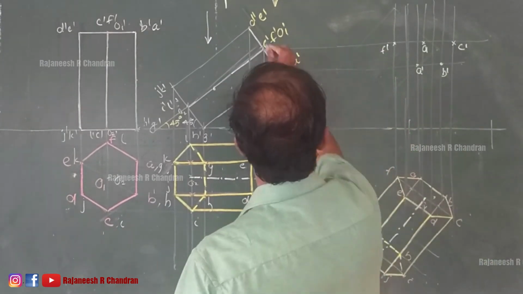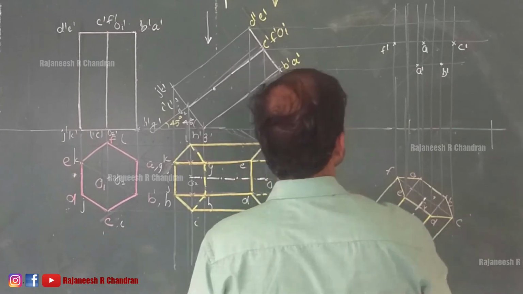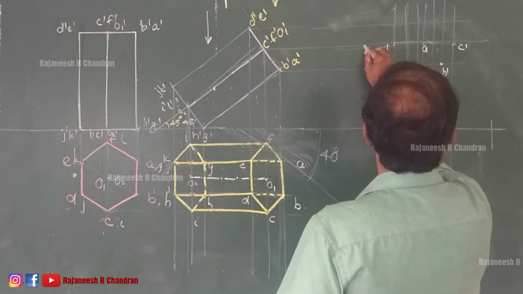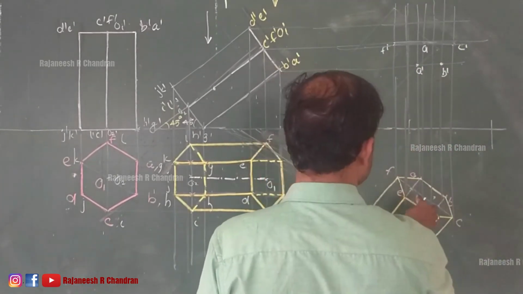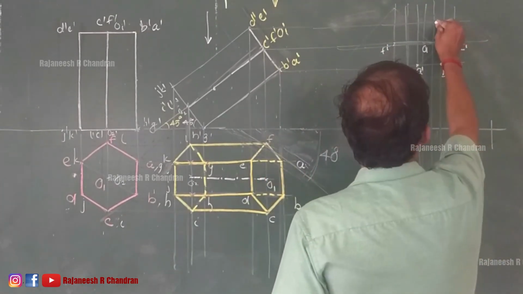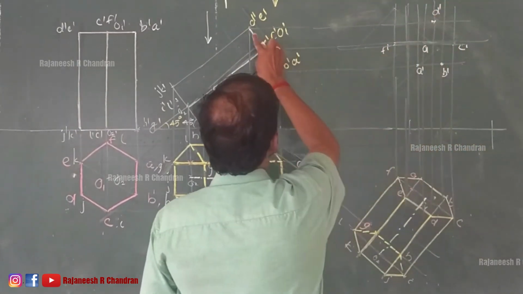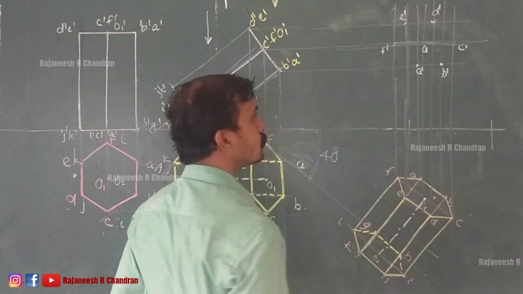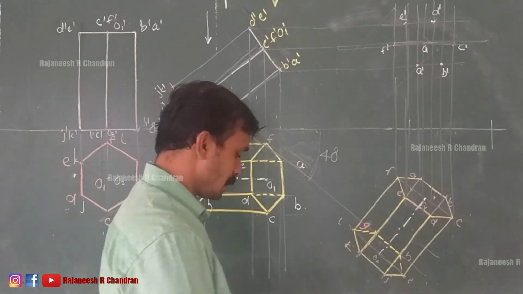D dash, E, so this will be E dash. So one base has been completed.